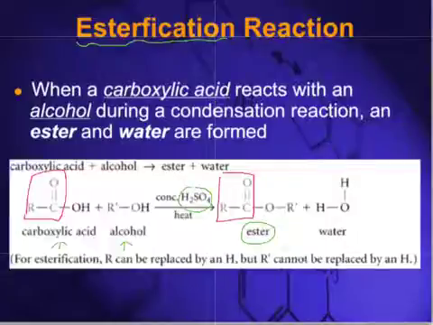You'll notice that this part has the carbonyl functional group attached to it, the C double bond O. And in the alcohol, there is what's called the R prime group. The R prime denotes that it is an alkane branch, but it is a different alkane branch than the one coming from the carboxylic acid.